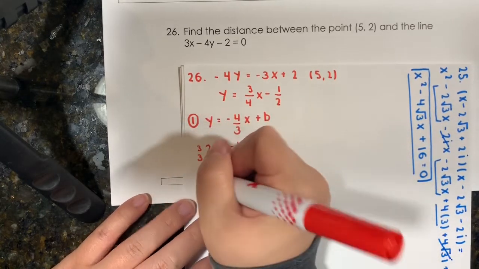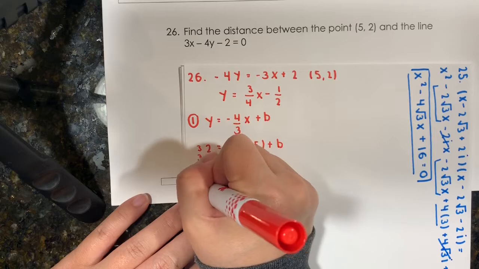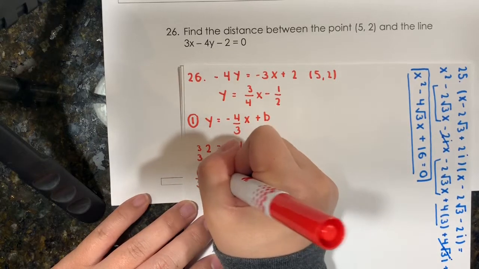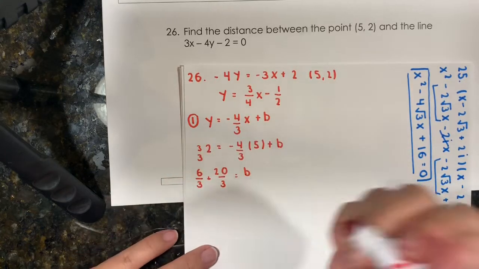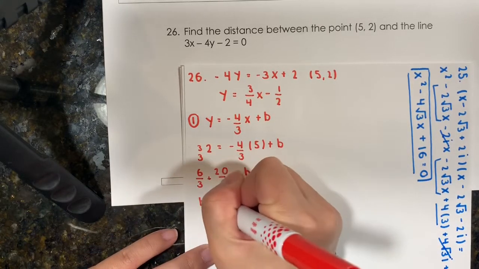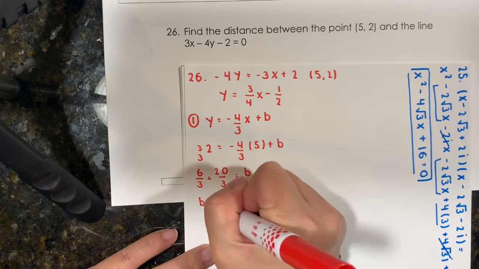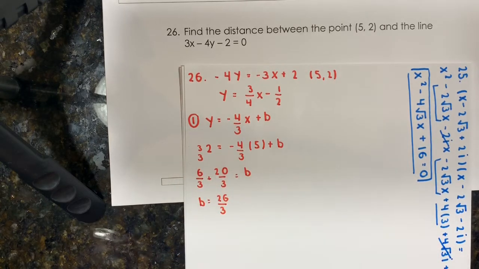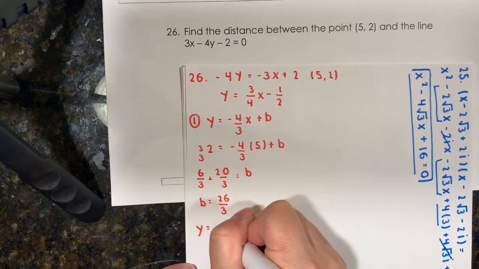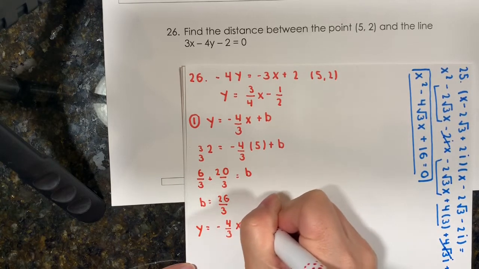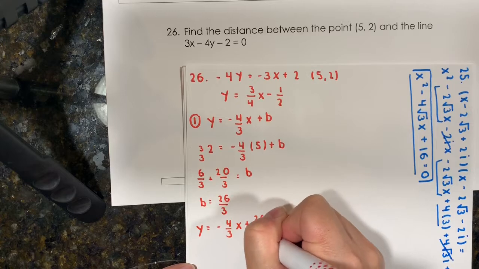Make a common denominator, so that's going to be 6 over 3 plus 20 over 3 equals b. So b is going to be equal to 26 over 3. So now my equation is going to be y equals negative 4/3 x plus 26 over 3.